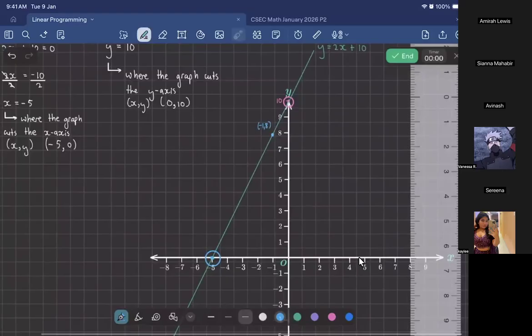So, Sienna, where's the x value and where's the y value over here? The x value is -1, and the y is 8. Right. So, anywhere I see y, I just plug in 8, right? Anywhere I see x, I plug in what? What is the value for x from that point? -1.